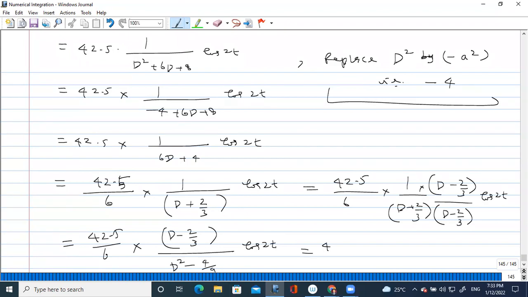So then it will become 42.5 by 6 into D minus 2 by 3 divided by, in place of D square you write minus 4, and minus 4 by 9, cos 2t. Okay, note down up to here.